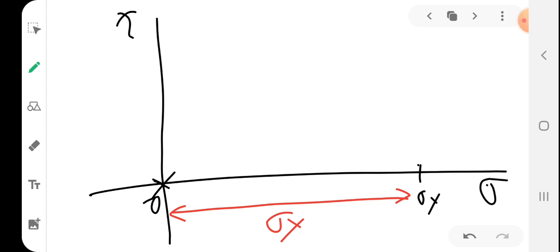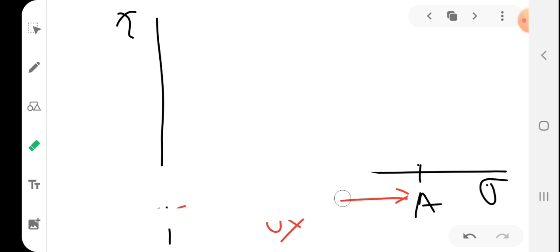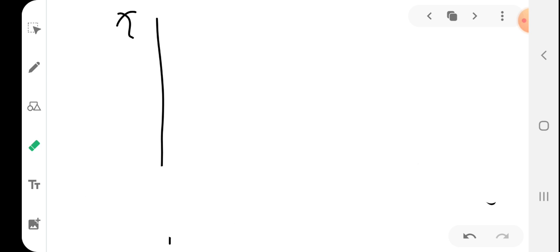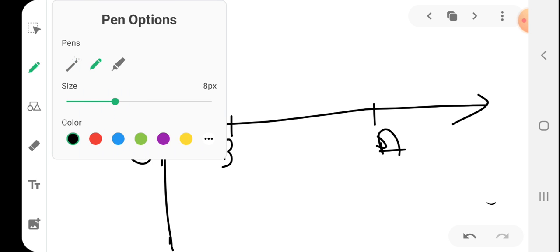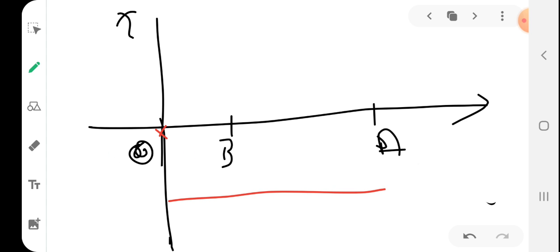Let this point be A. Just draw it in the center, O, A, and another point B. So from the center, this distance will be sigma x and this will be sigma y.